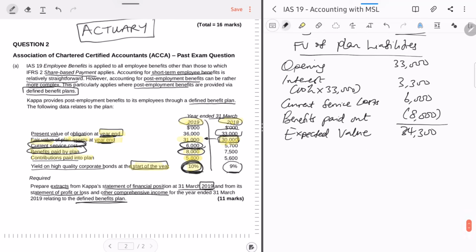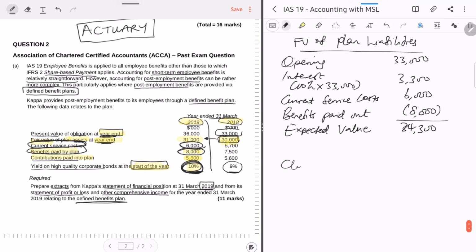What does the actuary say, Mr. Actuary? So closing per actuary. If you come here, present value of obligation at year end, he is saying he expects to have 36,000. So I put here 36,000. So the difference between my 34,300 and his 36,000 is what goes towards OCI.